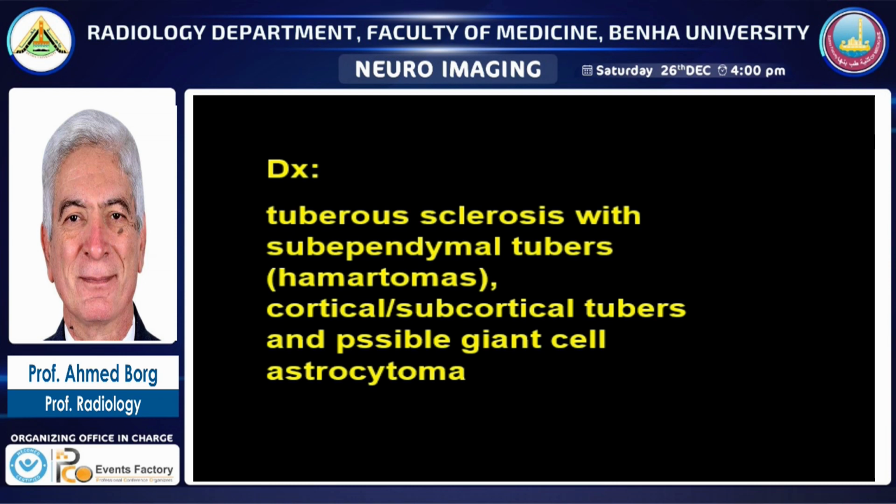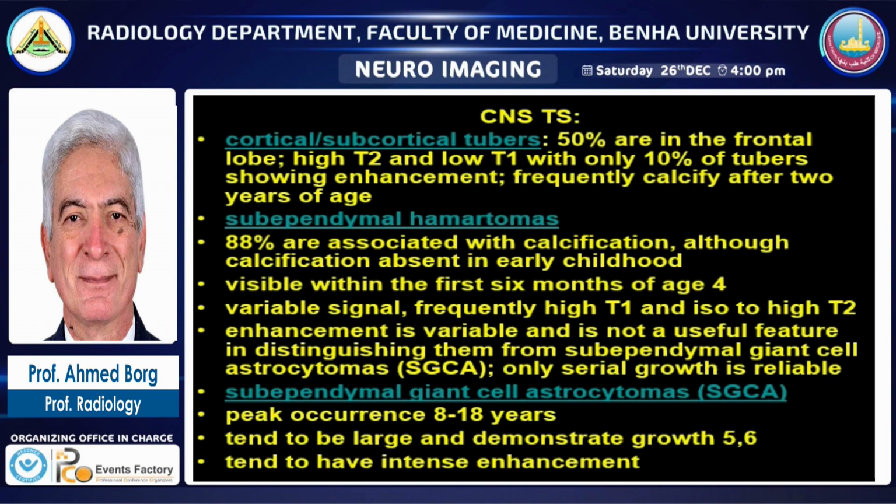On serial studies you have the enlargement, but the presence of a very large mass with enhancement is suggestive. In tuberous sclerosis: cortical and subcortical tubers, subependymal hamartomas or nodules, and in some cases there will be a change to giant cell astrocytoma.